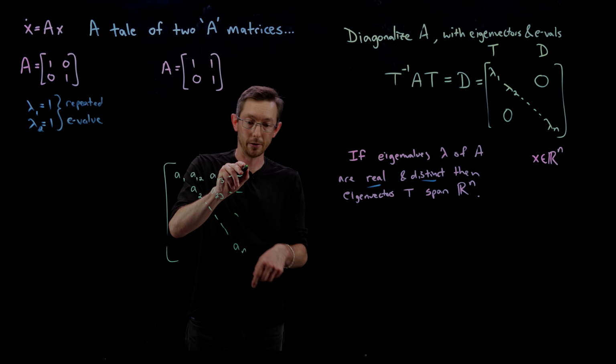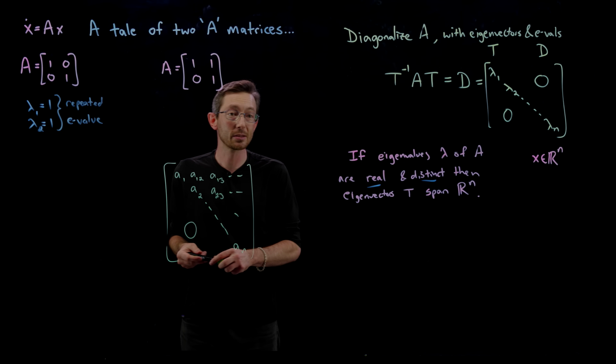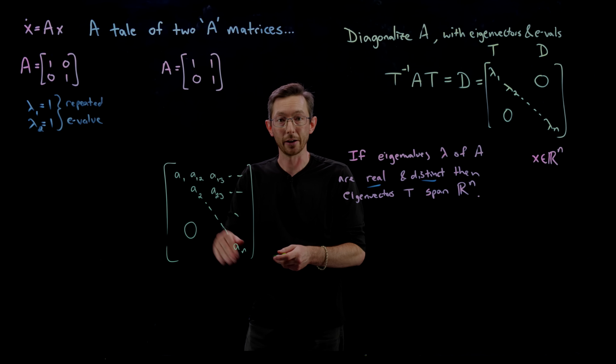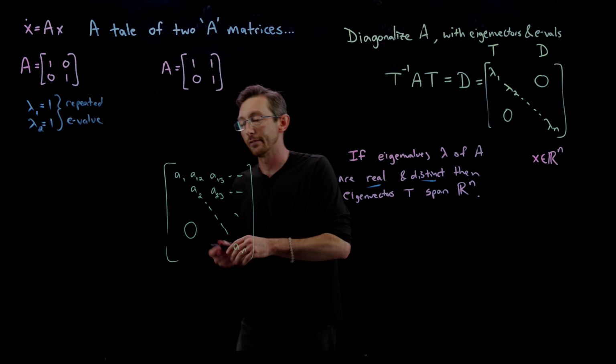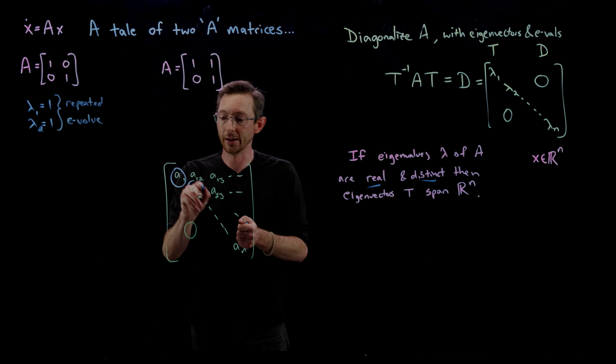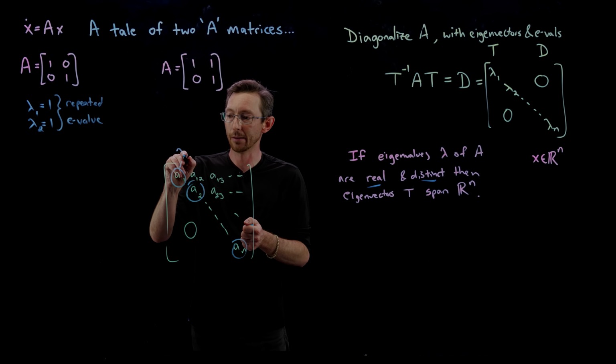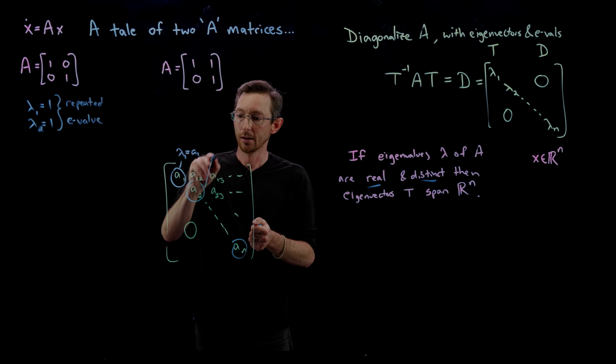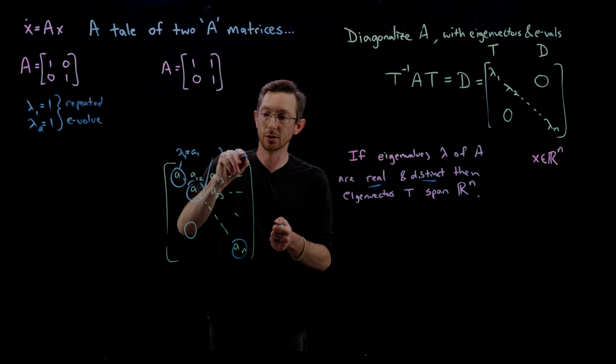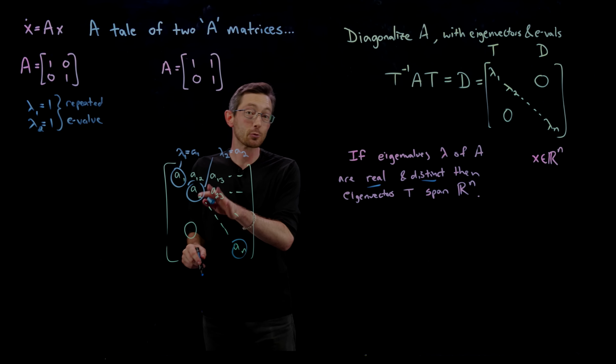So these are non-zero. But I have zeros below the diagonal, then the eigenvalues of this matrix are the diagonal entries. These are, lambda 1 equals A1, lambda 2 equals A2, and so on and so forth. And this is really easy to see.